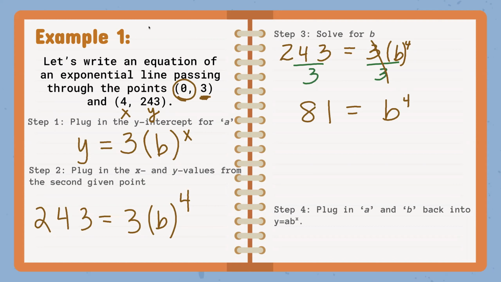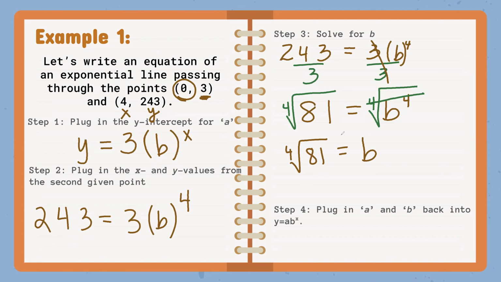And so in order to get rid of this 4th power, I need to 4th root both sides. And when I 4th root a base to the 4th exponent, these actually cancel, and I'm left with the 4th root of 81 is equal to b.